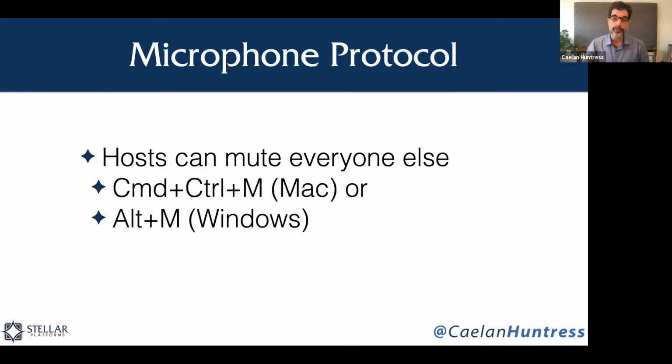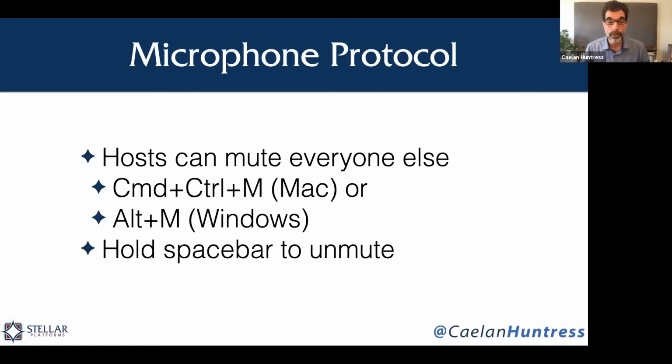I'd like everybody to write this down. If you're on a Mac, write down Command-Control-M. And if you're on a PC, write down Alt-M. When you do this in a meeting, it mutes everyone else so that it's just you. And knowing this hotkey, when you start hearing that background noise, you can just hit it and boom, problem's taken care of.